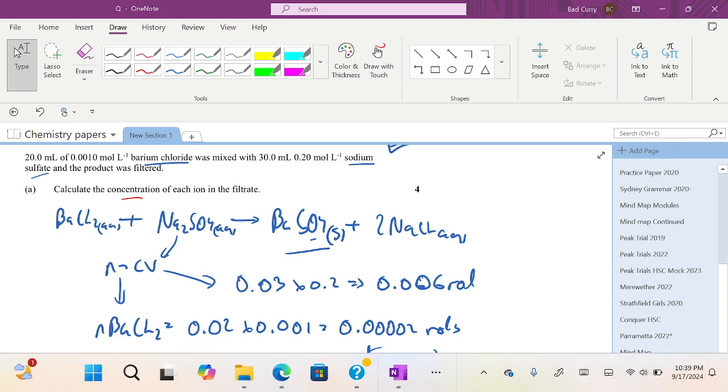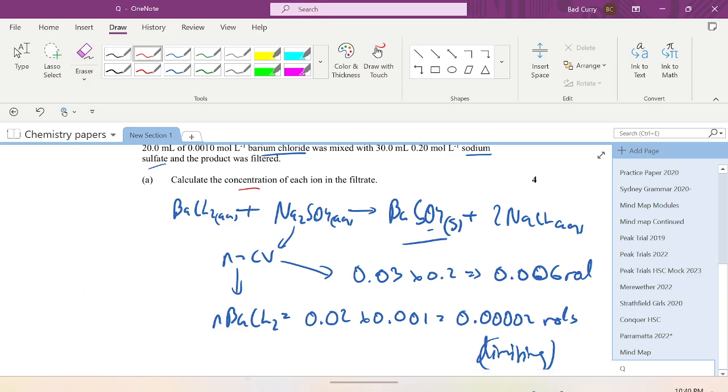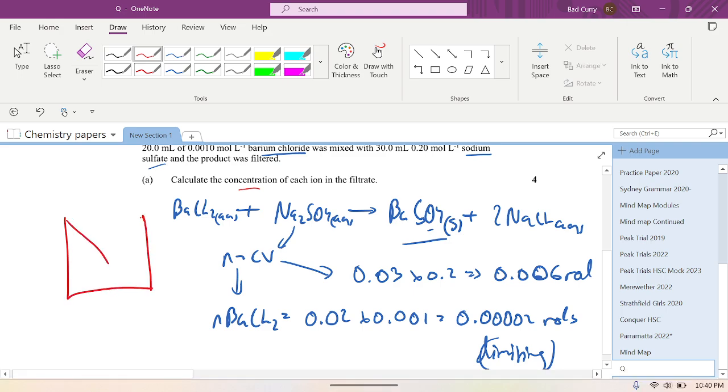Now, the question asks us to find the concentration of each ion in the filtrate. What is the filtrate? Sorry, I think red pen's better. Basically, you form this precipitate in the solution, and then you pour the solution down through the filter paper, using the appropriate apparatus. The solid is going to get trapped in here, and everything else is going to be the filtrate.